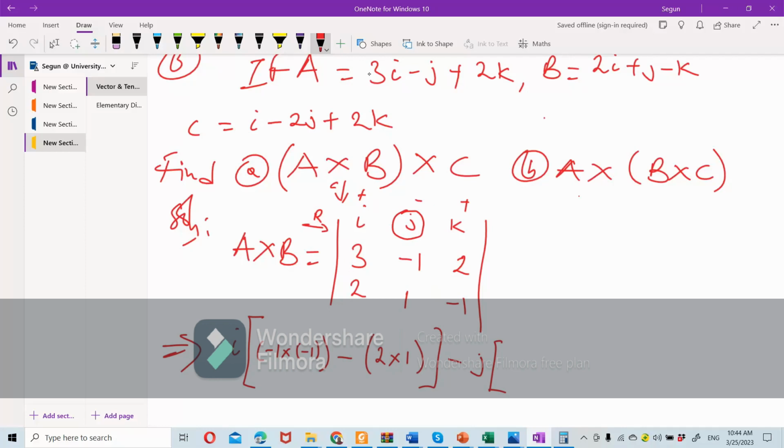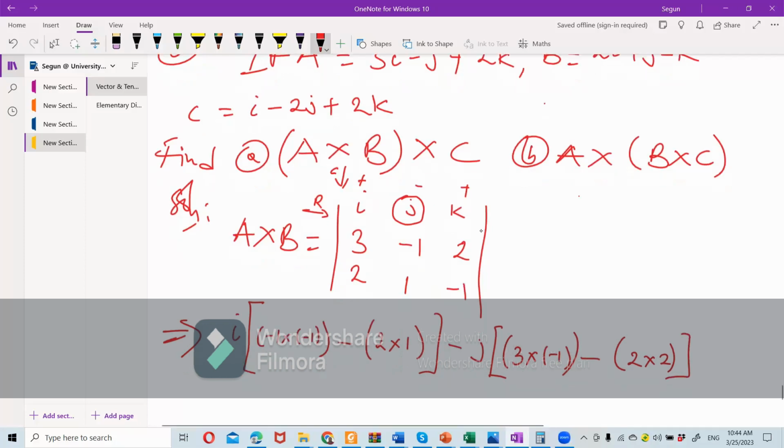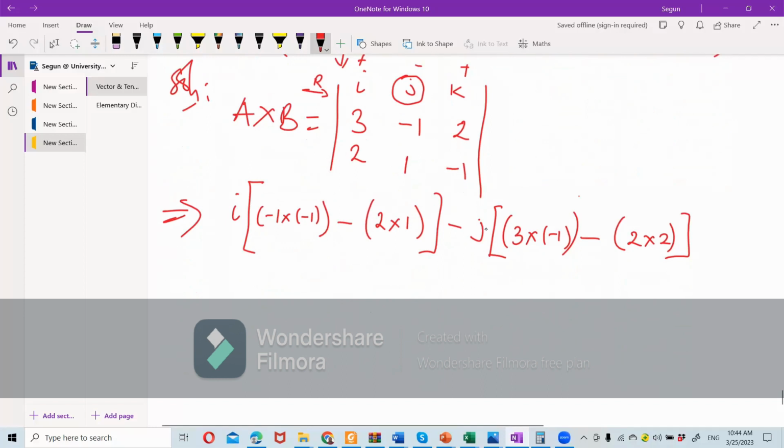The column 2 will be paralyzed. Remain what? 3 multiplied by -1 minus 2 multiplied by 2. I hope I'm communicating now.